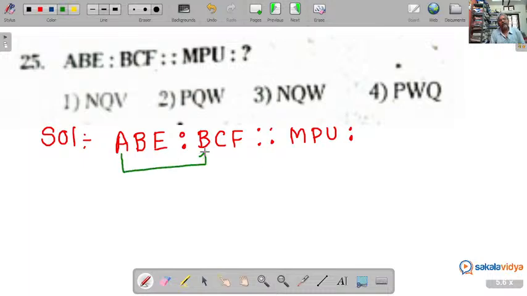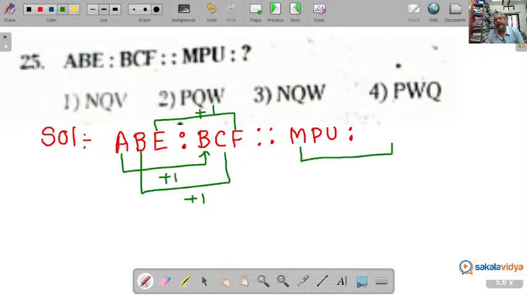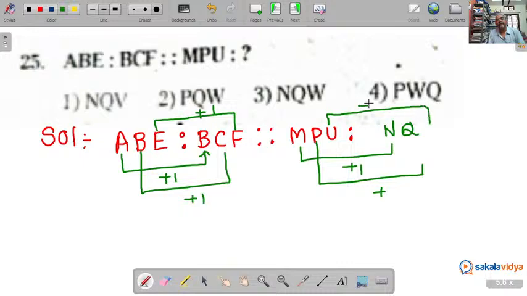See, A plus 1 is B. Next B plus 1, C. E plus 1, F. Adding 1 you will get the next letter. Similarly, M plus 1, that will be N. Next P plus 1, Q. Next U plus 1, V. NQV.